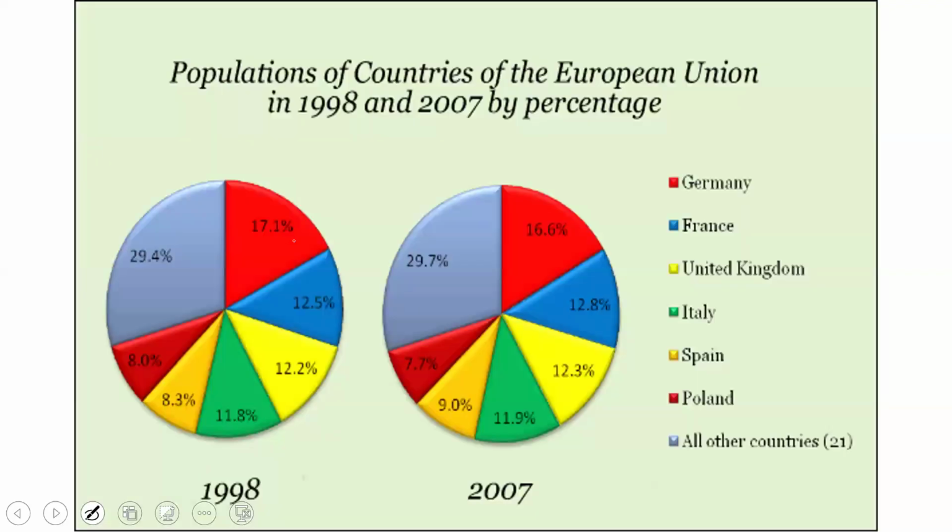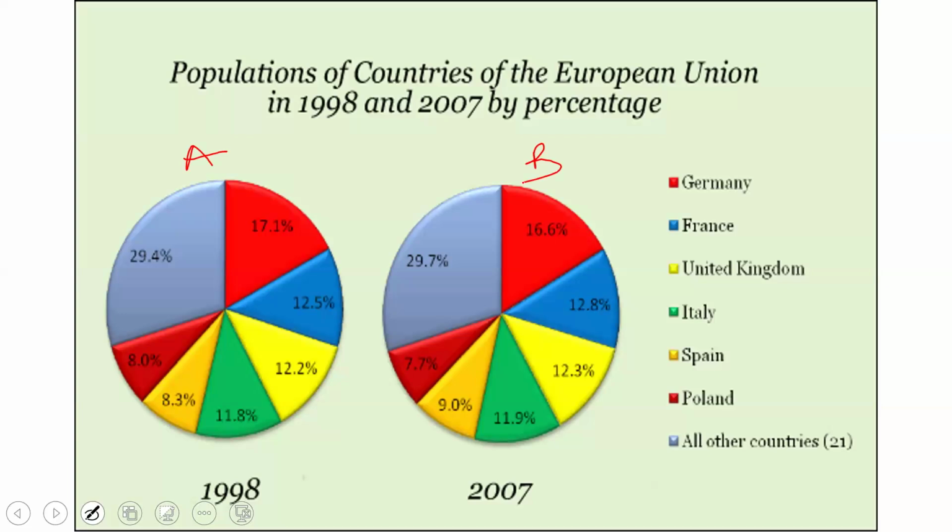These are two other examples. Population of countries of the European Union in 1998 and 2007 by percentage. Let me say this is A, 1998, and this is B. And we have the colors coded here for all the countries. Although they have put the percentages on top, you can see that you can compare 1998 with 2007.